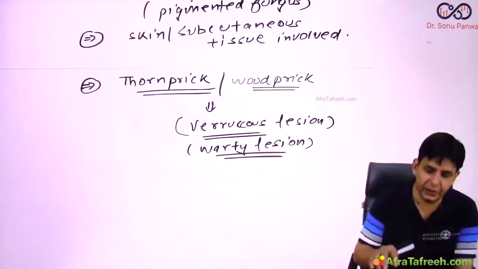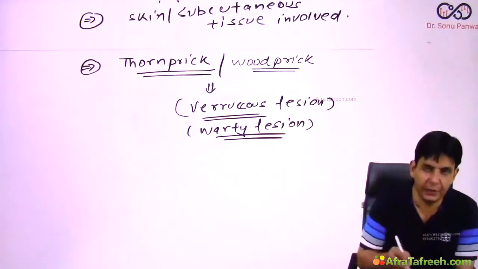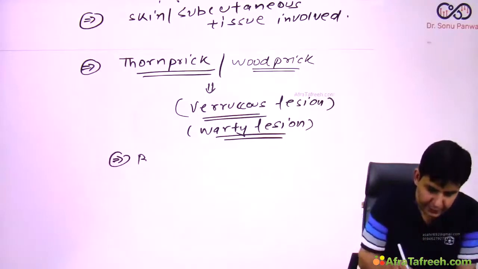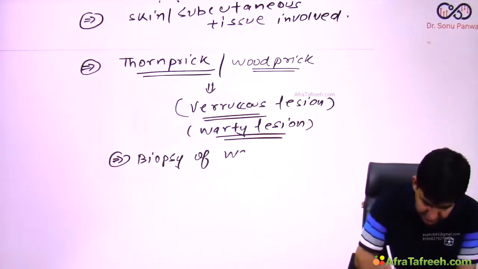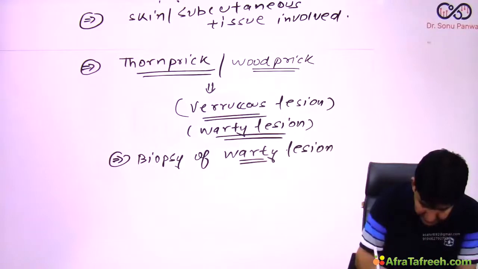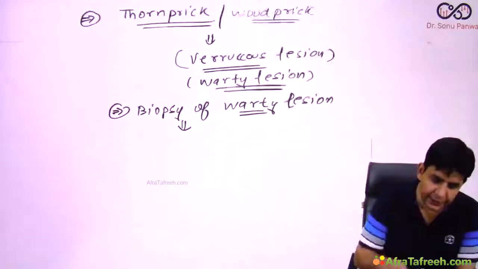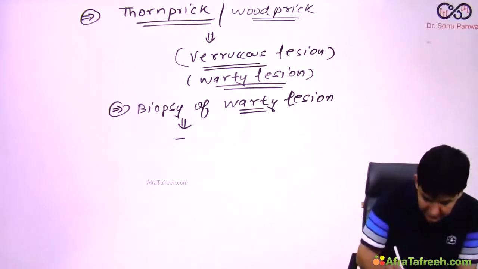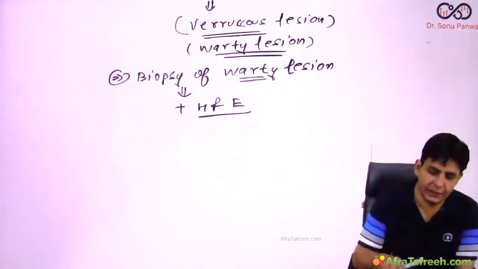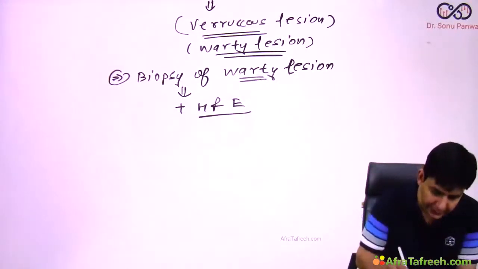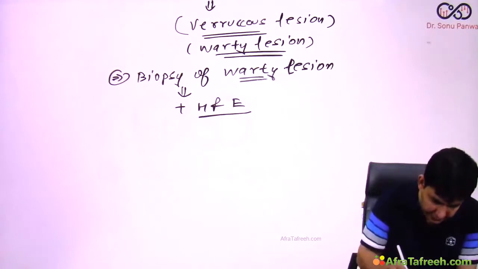And when we go for the biopsy of this verrucous or warty lesion, what you observe after staining with H and E, that is hematoxylin and eosin stain, is certain bodies which are brown in color.